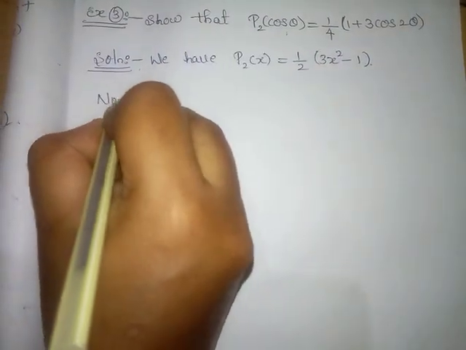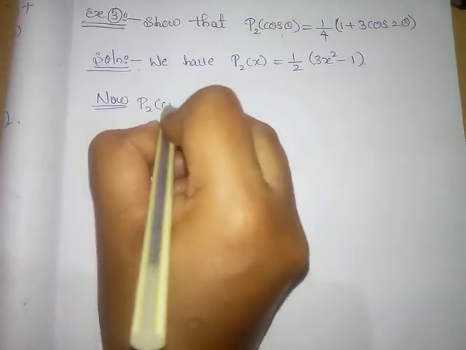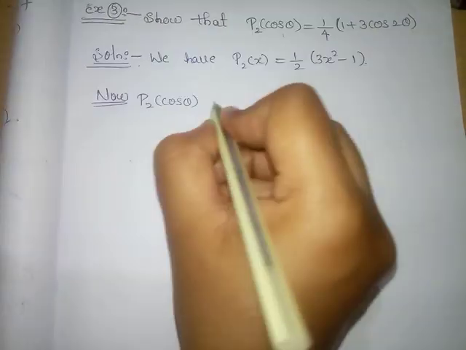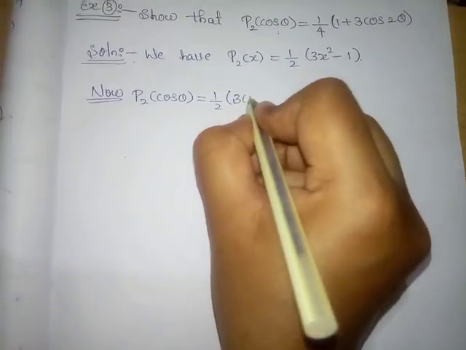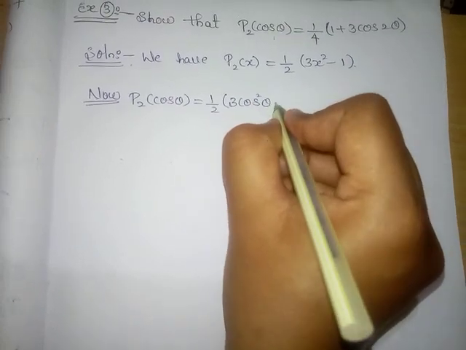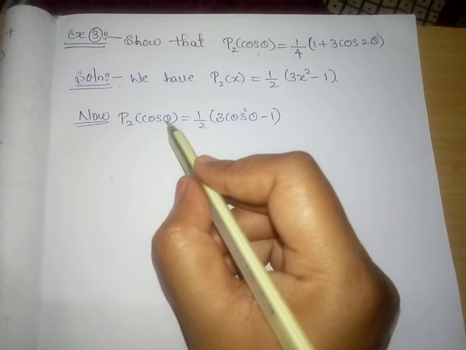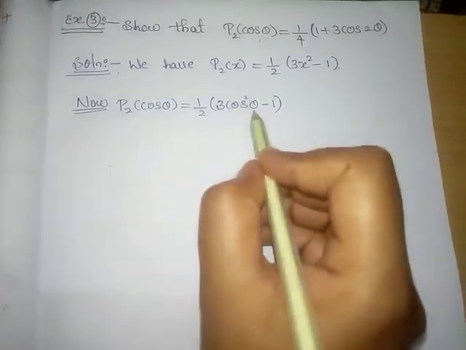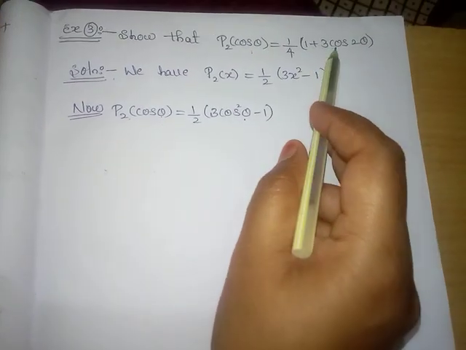Now here x value is what? Cos theta. Therefore P2 of cos theta is equal to half into 3 cos square theta minus 1. On substituting x is equal to cos theta in P2 of x, we get this expression, but we have to prove that P2 of cos theta is equal to this.